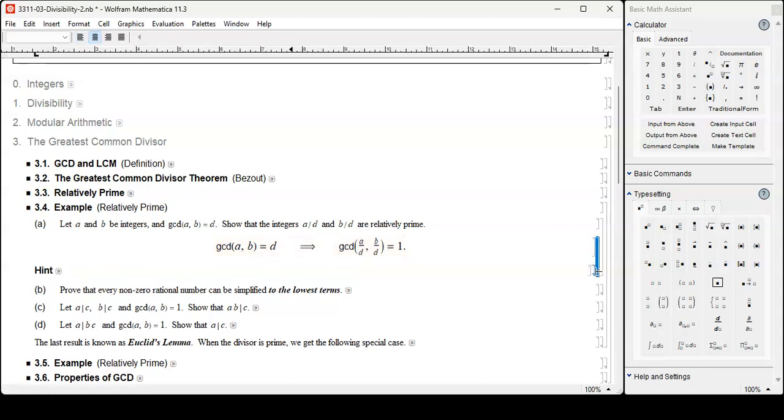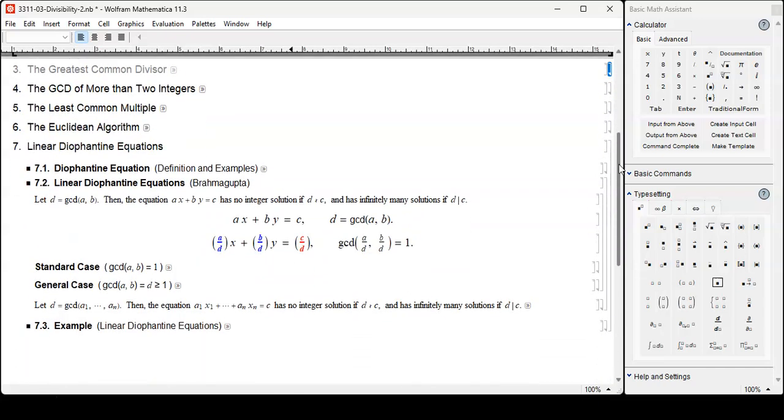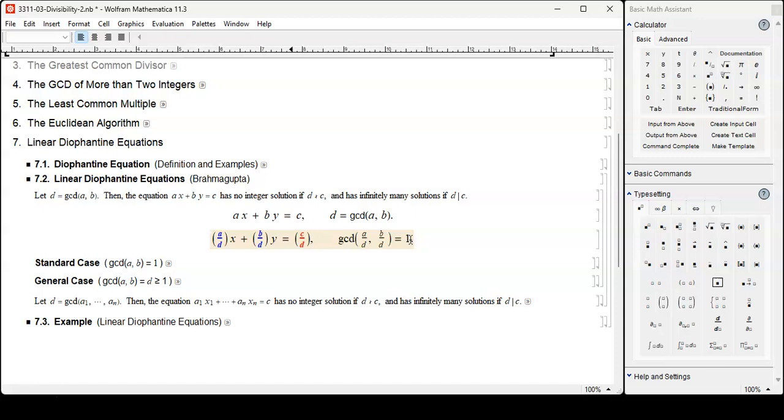And here's a hint for the proof. As a matter of fact, here's a full proof. Remember that? Okay, so we are there. And then let us rename those.